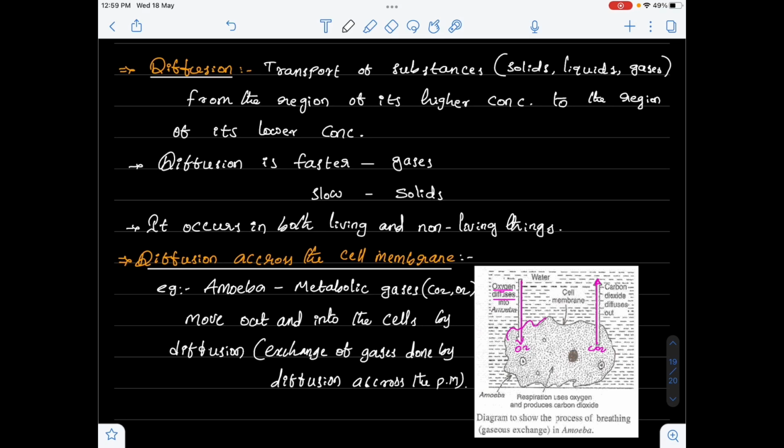Similarly, in multicellular organisms like humans, exchange of gases takes place between the membrane of lung alveoli and blood capillaries by the simple diffusion process. So this is how the exchange of gases is done by diffusion across the plasma membrane in all the living cells.